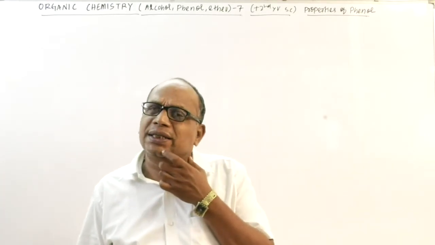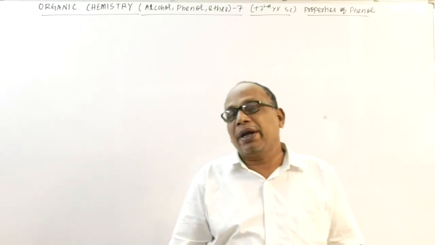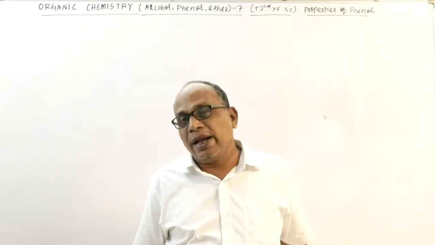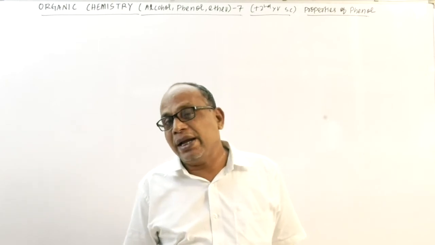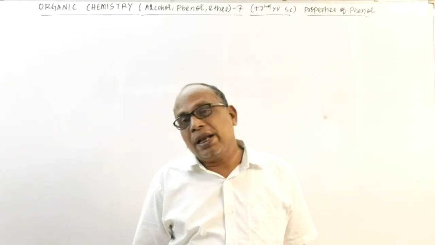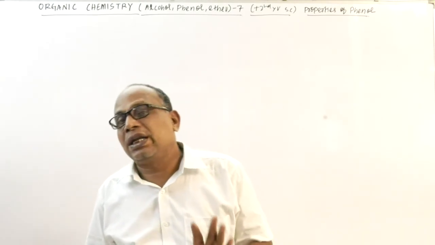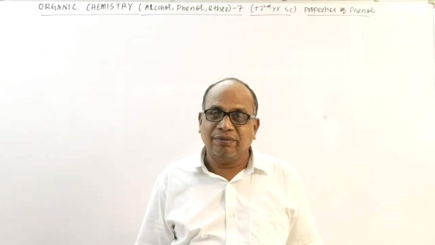Okay, these are the methods of preparation of phenol from benzene, and phenol can also be prepared from benzene diazonium chloride. That is, benzene diazonium chloride can be synthesized from aniline by diazotization. When benzene diazonium chloride is treated with steam, it is hydrolyzed to form phenol, nitrogen and HCl.